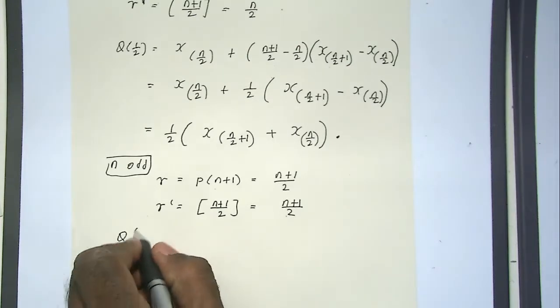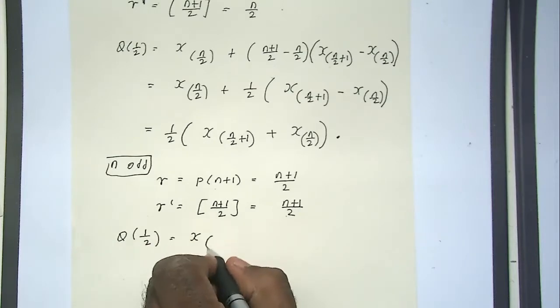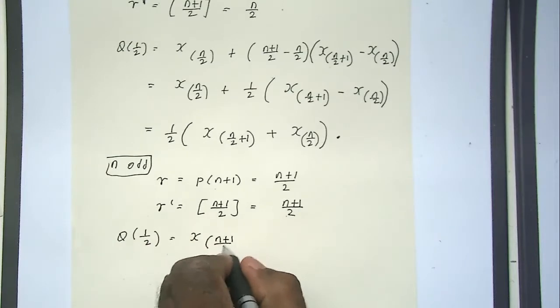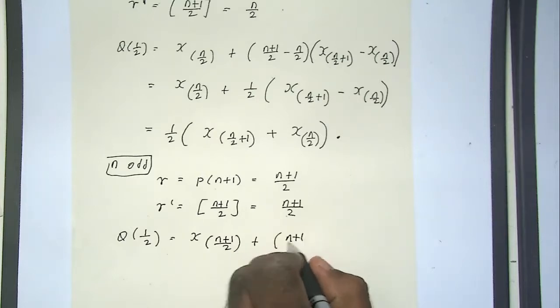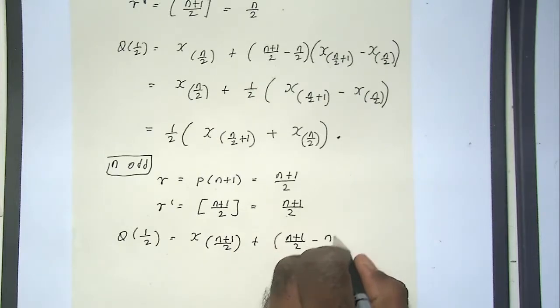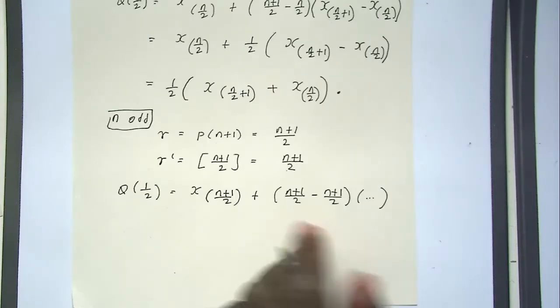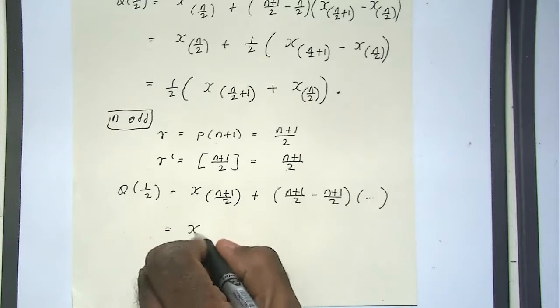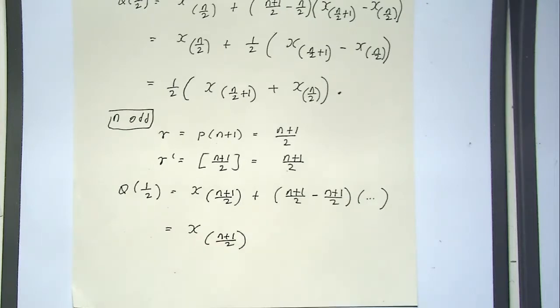So q at half will be x, and here you have (n plus 1) by 2 minus (n plus 1) by 2, which is 0. So you can ignore the rest, because this is 0. So this is x sub (n plus 1) by 2. All right, we are done.